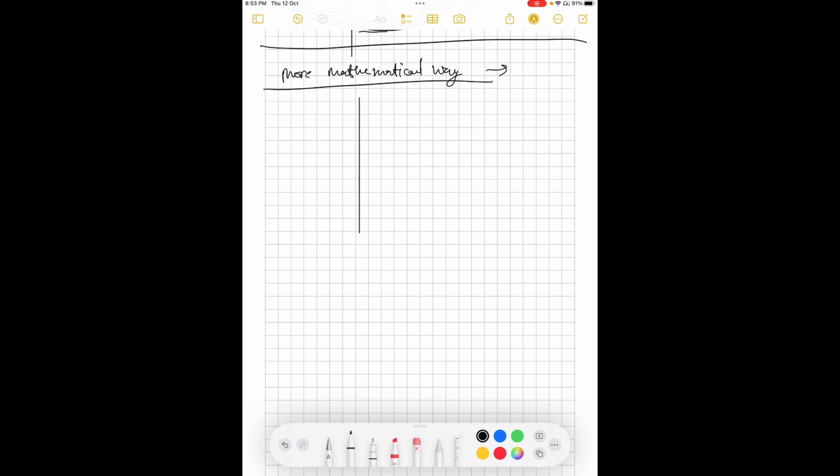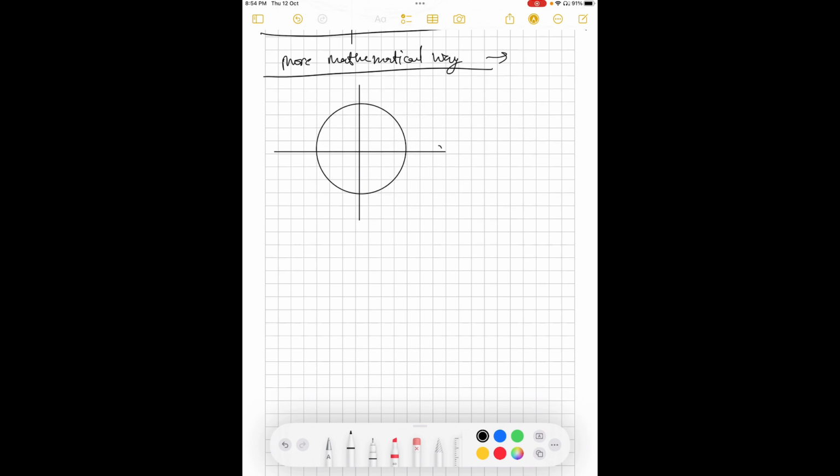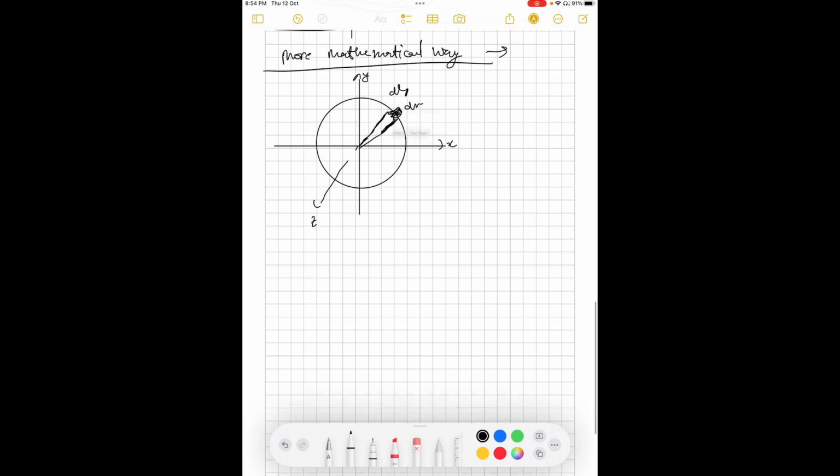So again, drawing the figure. This is our ring. This is our xy axis, z axis. Again, dm. So this dm has an arc length of dl, say dl, and it is projecting an angle d theta over the center.